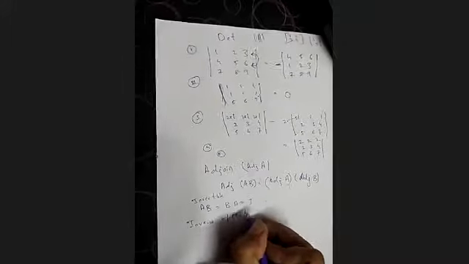Now, inverse of a matrix. So AB whole inverse will be equal to B inverse into A inverse.